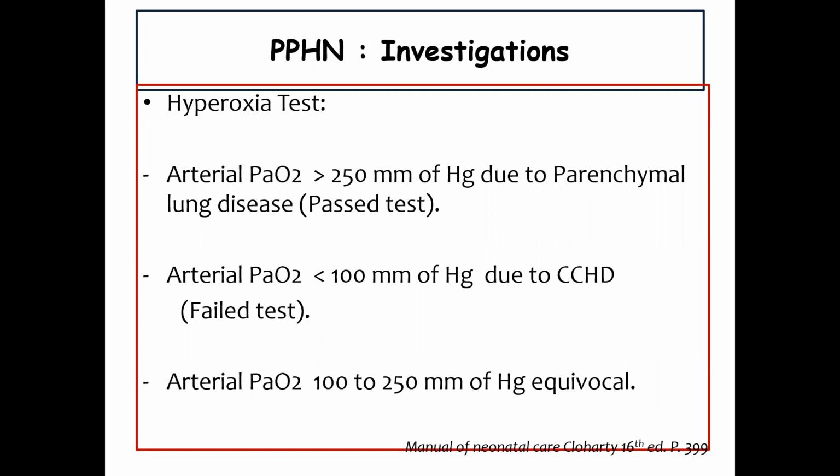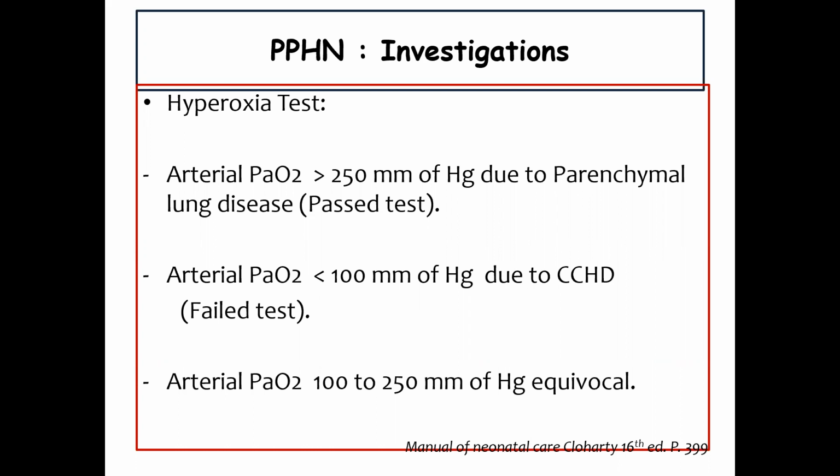So this is performed by taking arterial PaO2 recordings, of course, before doing the test, one baseline PaO2, followed by providing at least 15 minutes of 100% oxygen to the baby. Now, this can be provided by increasing the FiO2 if the baby is on respiratory support.